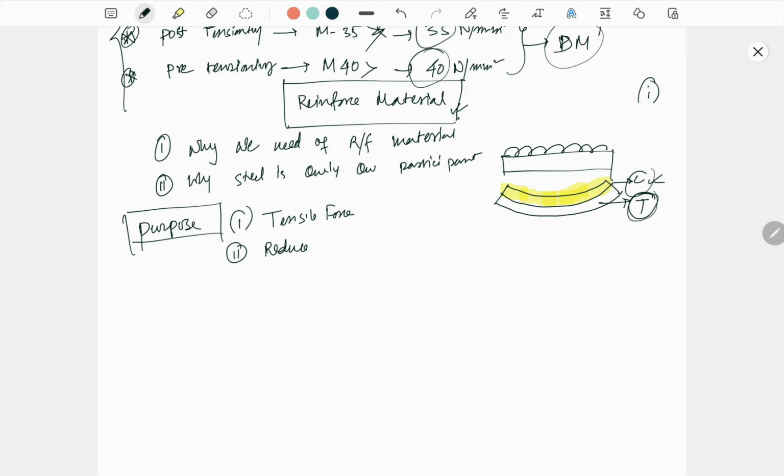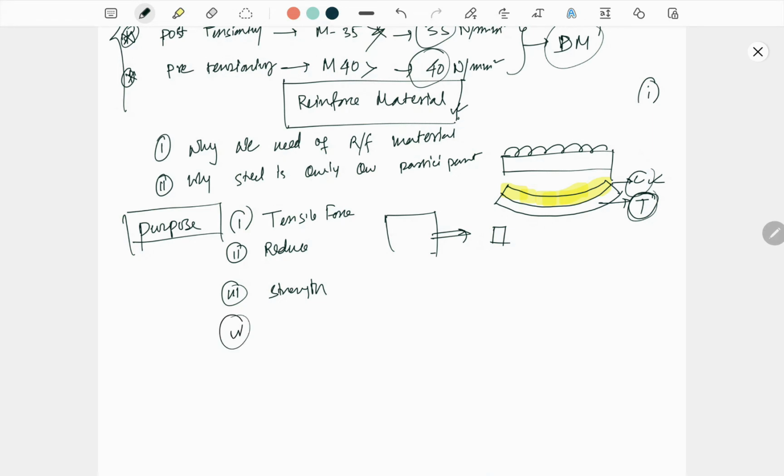While using PCC, the section is too large, whereas the RCC section is so small. Number three, we need a material which can give you more strength as well as reduce the size and shape.